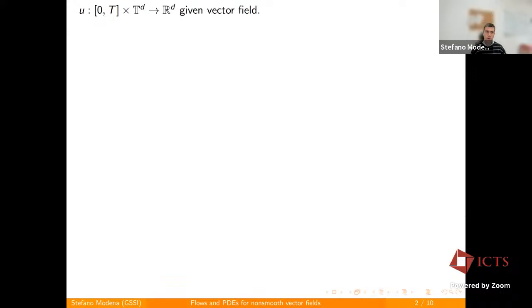But let's just assume that we are on a periodic domain. The title says I'm going to talk about a non-smooth vector field, but let us first of all talk about a smooth vector field, to see what happens in the smooth framework, and then we will see how we can extend the smooth theory to the non-smooth one.